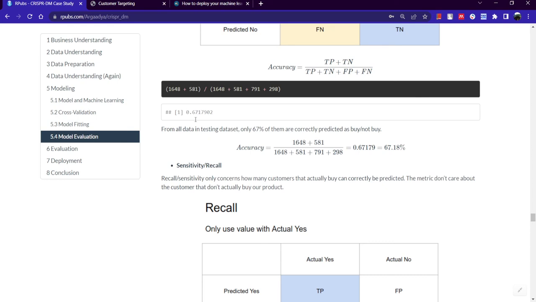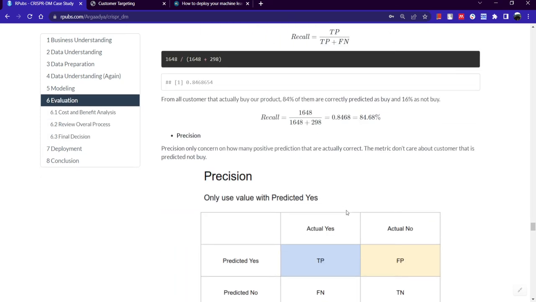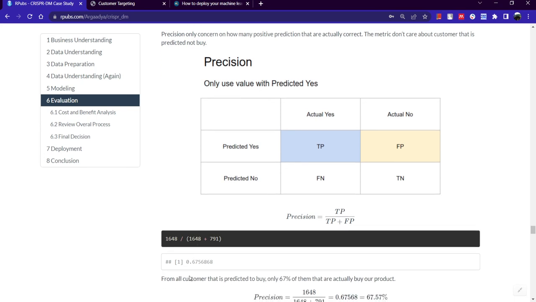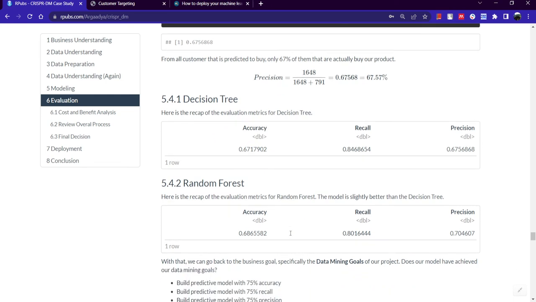So here we got accuracy 65%, 67%. Okay, for recall they got 84%, for precision, 67%.